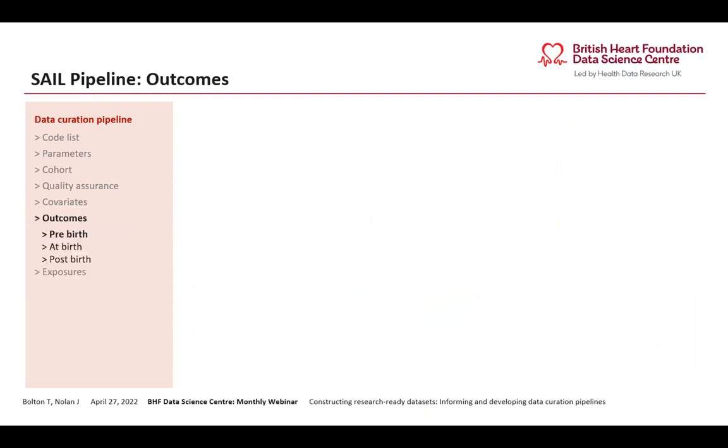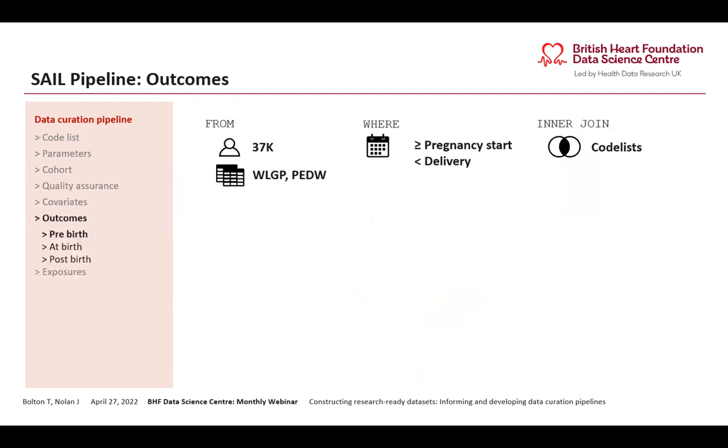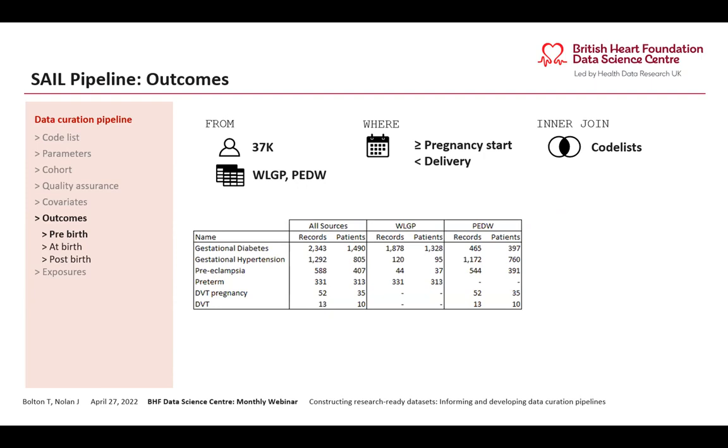Again, similarly for outcomes, and in this particular example, outcomes during pregnancy. Again, we're looking at our cohort of 37,000 people, looking forward in time up to the delivery date for each individual, and looking in the primary care data and hospital episodes, producing our source summaries for each of the outcomes listed here.